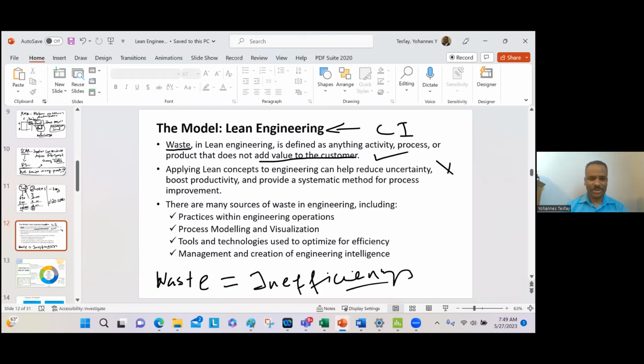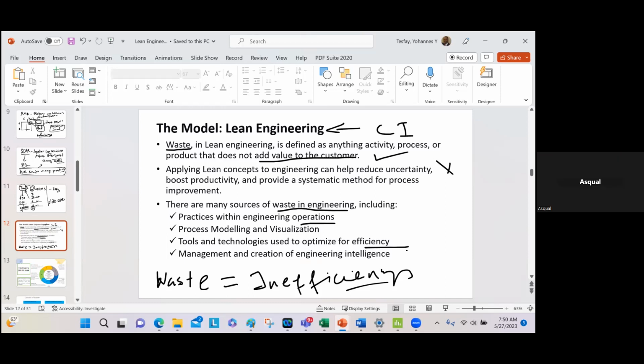Continuous improvement. So there are many sources of waste. What are these wastes? Engineering practice within engineering operations, process modeling and visualization, tools and technologies used to optimize efficiency, management and creation of engineering intelligence.